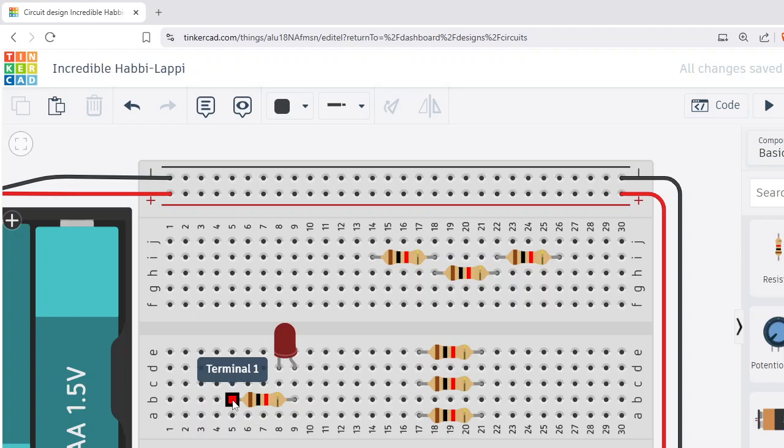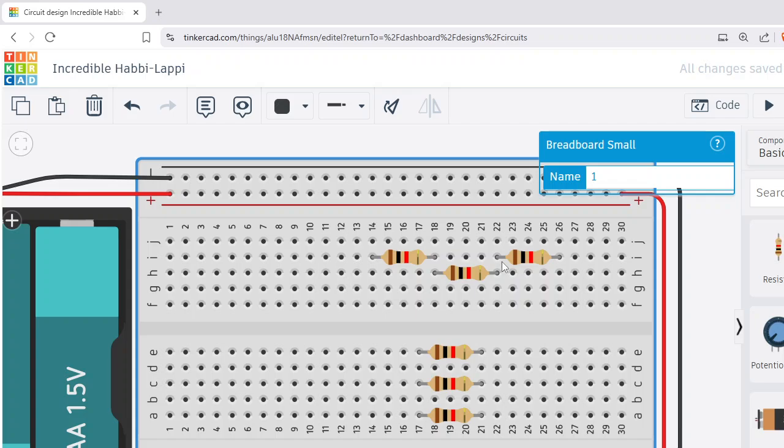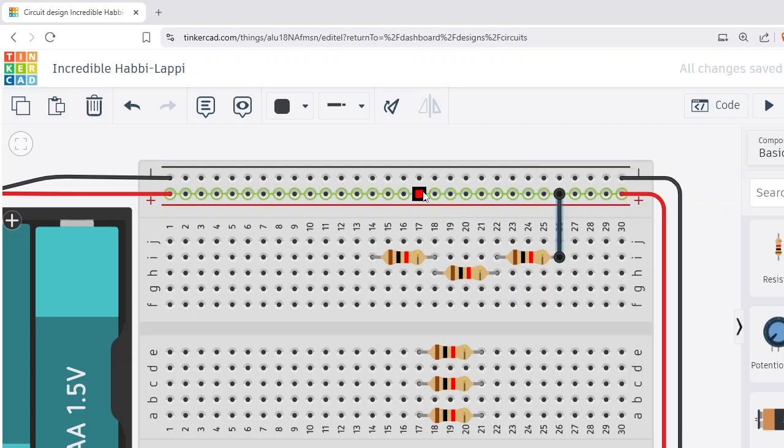So now you can see that these terminals are in series and these are in parallel. Let us see how we connect them. On this side we connect the positive and on this side we connect the negative. Let us connect it here so that you can see the breadboard in working.